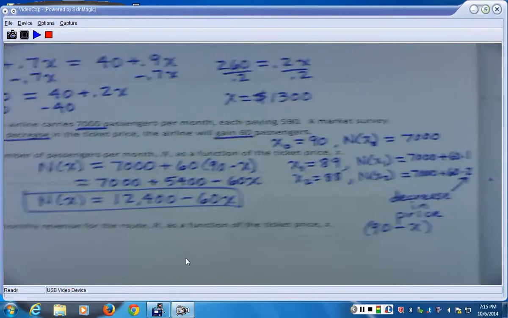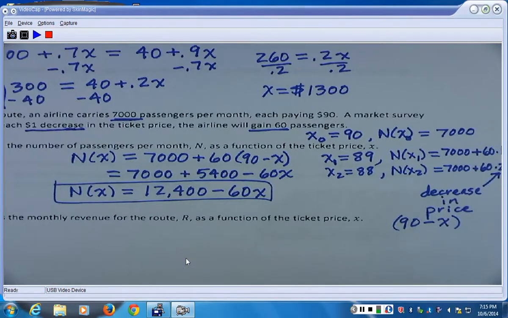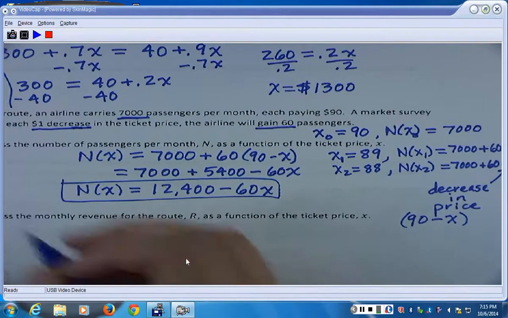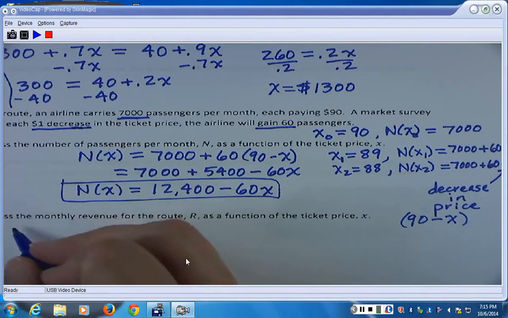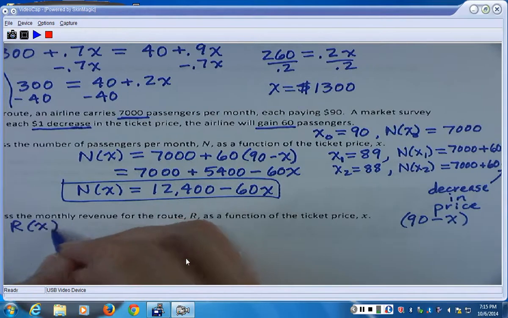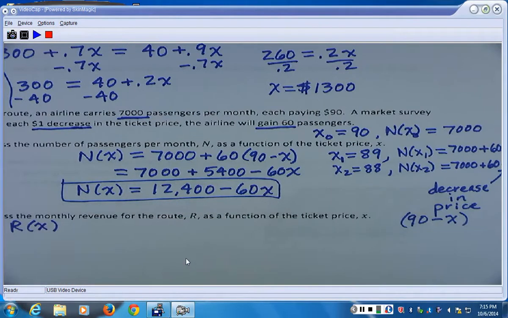Okay, now we're going to express the monthly revenue for the route R as a function of the ticket price, x. Revenue of x, somewhere I should say.